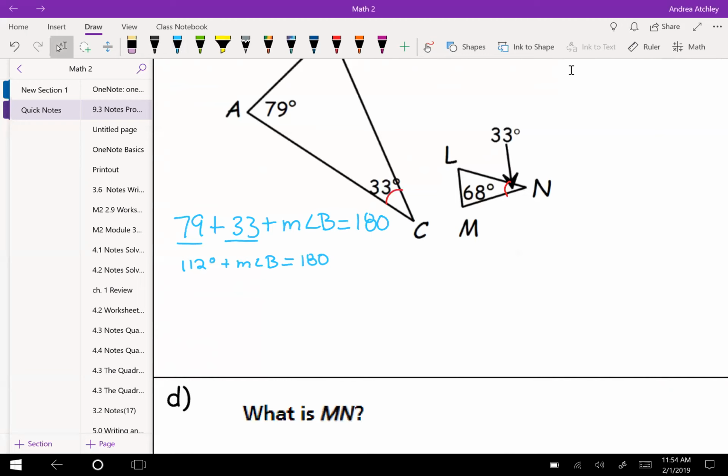So far, so good? Then I just subtract 112. And I have the measure of angle B equals 68 degrees.